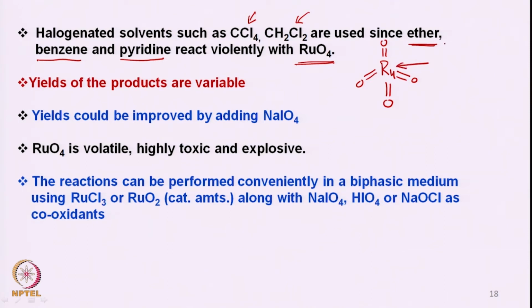Therefore, ether, benzene and pyridine all react very violently with ruthenium tetroxide. Unfortunately, the yields of the products are variable, that means it depends on the substrate.